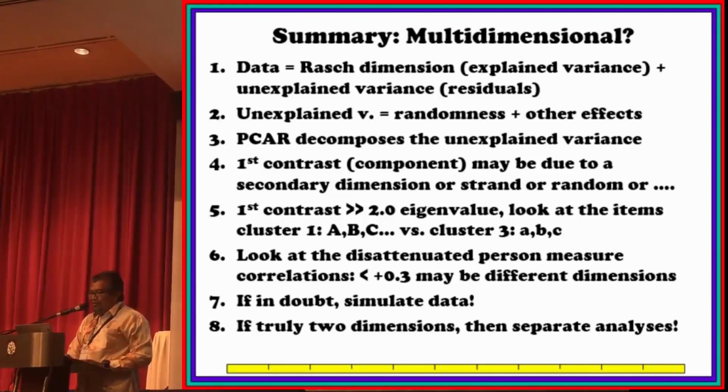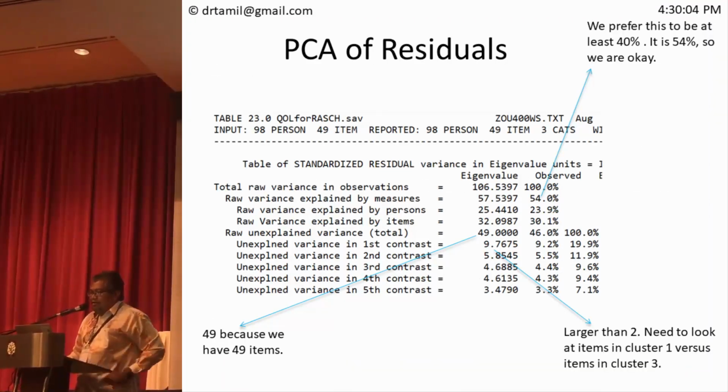So I will not go through this one by one, but I put in the slide here in case anybody needs to use this slide later to check for the dimensionality. Okay, so as you know, when you do PCA, you get so many percentages of the contribution of each item.